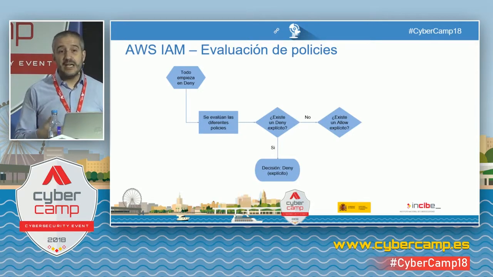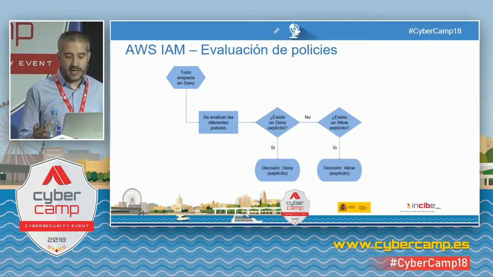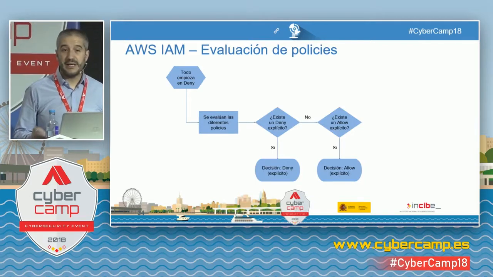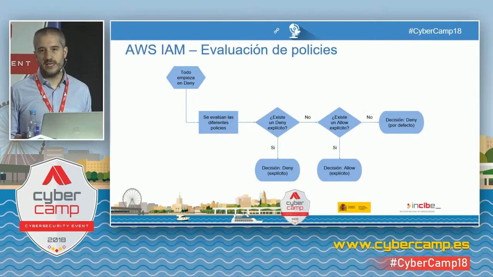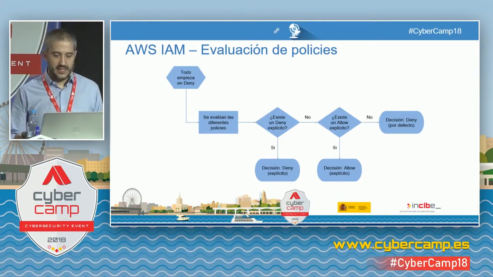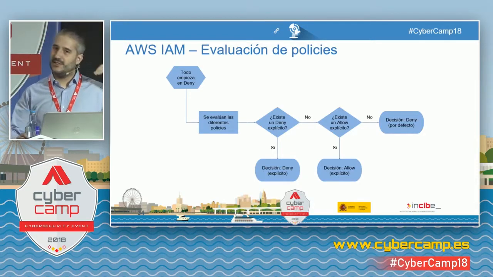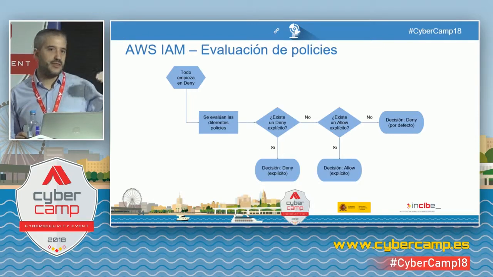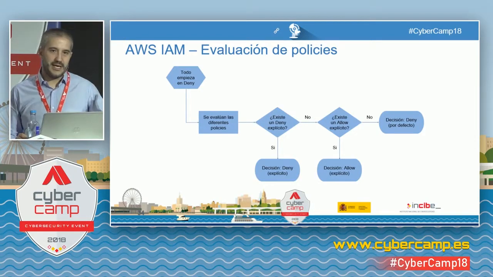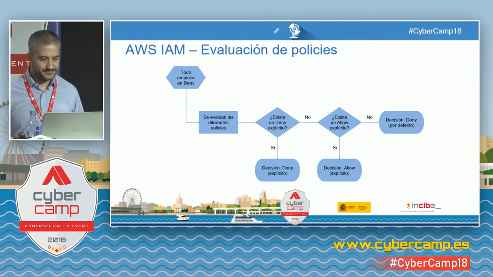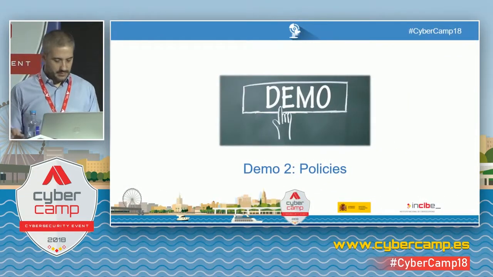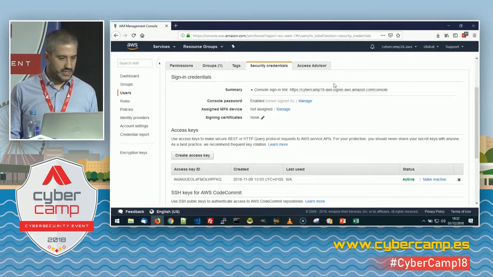If there's no explicit deny, then the system asks if there's an explicit allow. If there is one, then it would be allowed. If there isn't, then it would be denied by default, because deny is always far greater than allow in the system. If one machine says no, then the final result for all of the machines will be no as well.